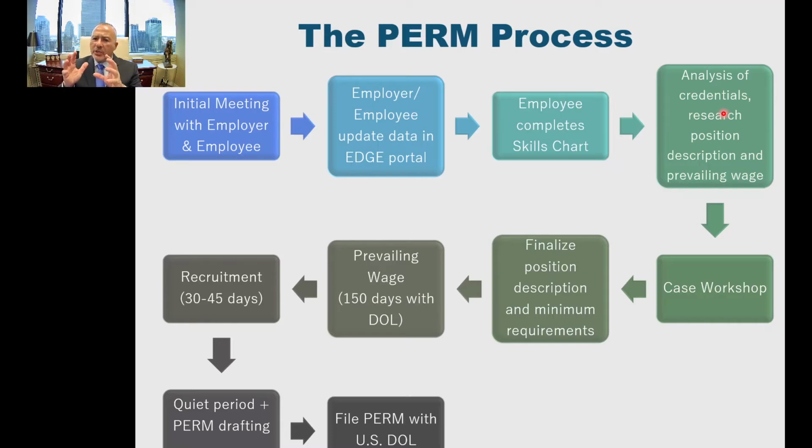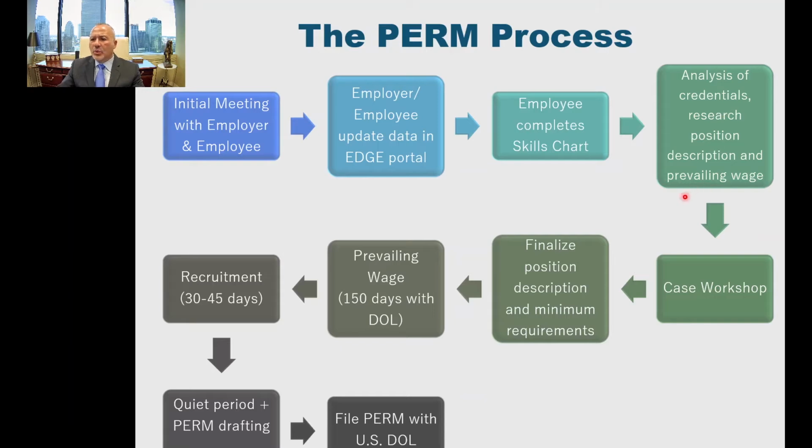But what we want here, we want the U.S. Department of Labor analyst not to audit the case, not to deny the case, to immediately recognize that this is a civil engineering position or a mechanical engineering position or an architect position or an accounting position. That the list of duties are consistent with what is normally being done by one of these professionals. Okay, so that's my job, is to make sure that I review the position description, make sure that it fits immediately with one of the recognizable Department of Labor position descriptions.